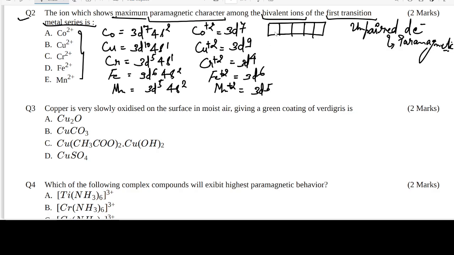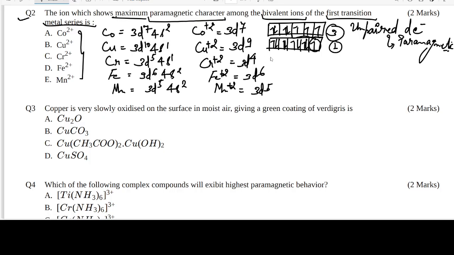Seven electrons, so 1 2 3 4 5 6 7. Unpaired electrons are 3 unpaired electrons. And 3d9: 1 2 3 4 5, 6 7 8 9, so this is one unpaired electron.